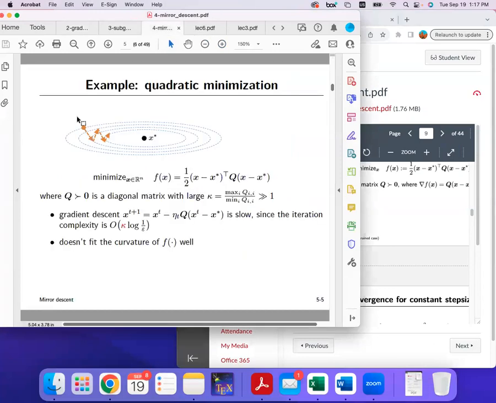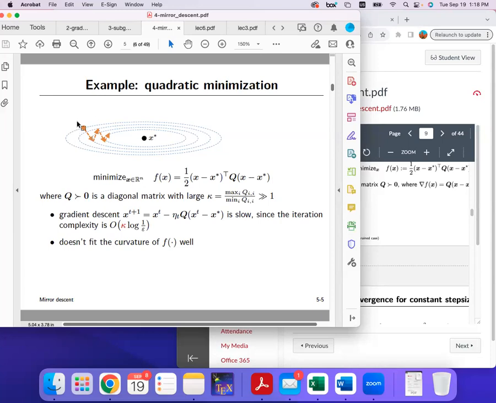And geometrically, that simply means if you visualize the contour of this quadratic function, the landscape is a very narrow geometry. It is only expanding along one direction, and along the other direction it expands very slowly.